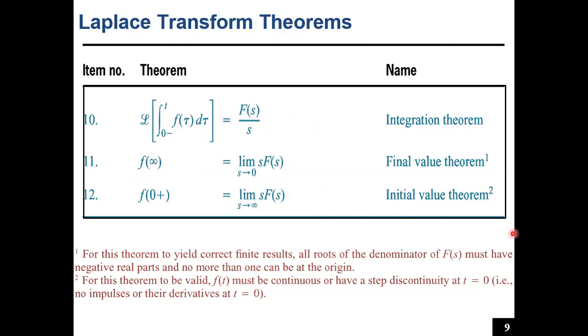And initial value theorem: at time 0, the limit as s approaches infinity of s F(s). For the first, we have assumed that all roots are in the left half plane and no more than one can be on the origin. For the second theorem, we have assumed that f(t) must be continuous, or it can have a step discontinuity at the origin and no pulse or derivative at the origin, time equal to 0.